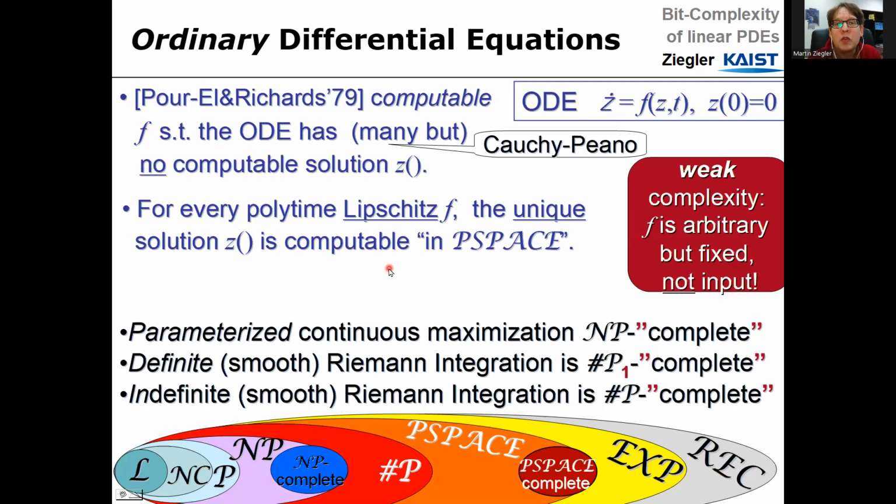Even further, it's computable in polynomial space if the function f is polynomial-time computable. That's basically an analysis of the Euler method, a refinement of Picard-Lindelöf. Remember, the Euler method is time-discretized, but in order to guarantee output approximation error 2 to the minus n, the time step width must be exponentially small, also 2 to the minus n roughly, depending on the smoothness of the function, which means exponential time.